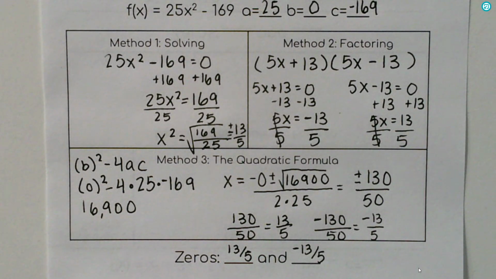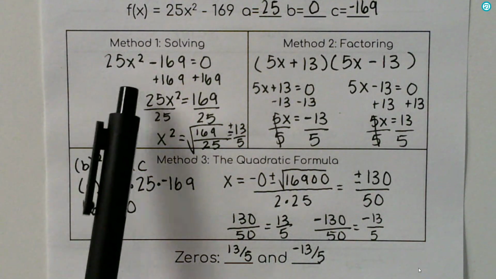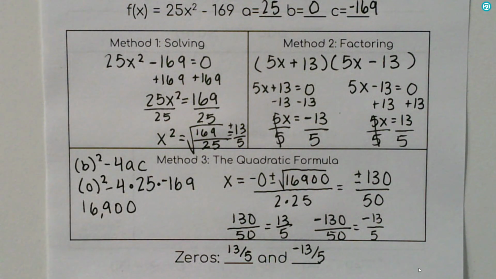So look and make sure that you can make one of those work. If you want to take a second to pick which one you think is going to be the best, you can. I would recommend solving as the easiest one here. I'm not going to tell you what to do, but if you ask me what I think, I'm going to tell you solving.